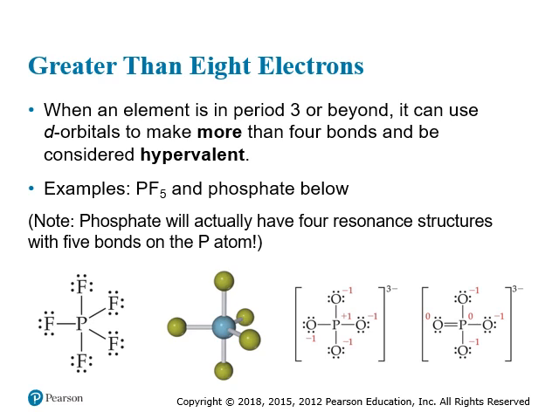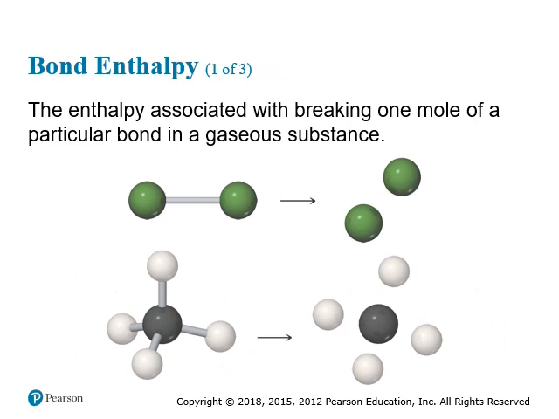If you look at the structure on the right, it appears to be more minimized in terms of the formal charge distribution. And therefore, we would suggest that it is a more valid Lewis structure, even though the phosphorus is hypervalent, taking on more than 8 valence electrons.